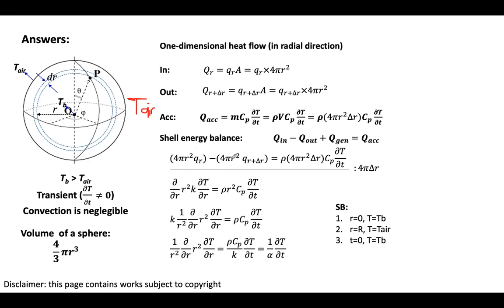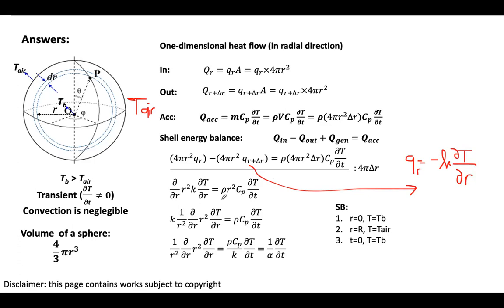And then you also substitute Q_r with the Fourier flux, where Q_r would be minus k dT over dr. So this one is actually the Fourier flux.